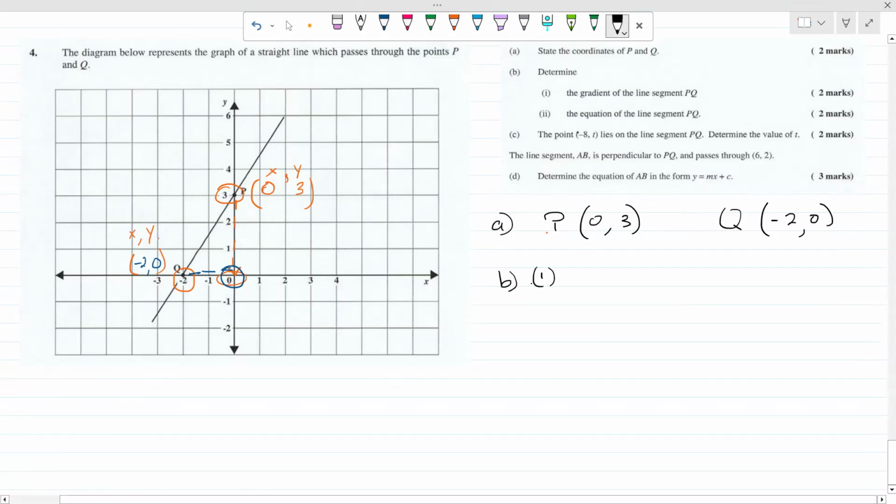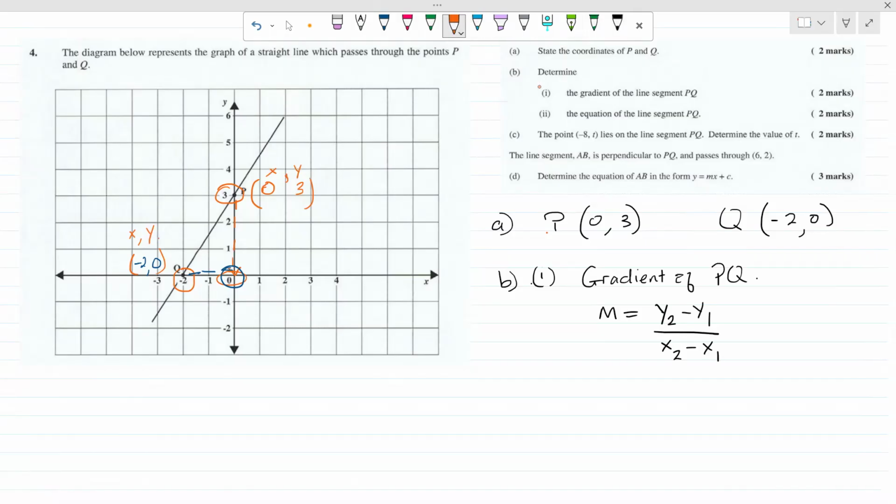Good. Next, they want us to find the gradient of PQ. Now, the formula for gradient, we use the letter M to signify gradient, is equal to y2 minus y1 over x2 minus x1. Now, we could use these coordinates here to identify an x1 and a y1 and an x2 and a y2.